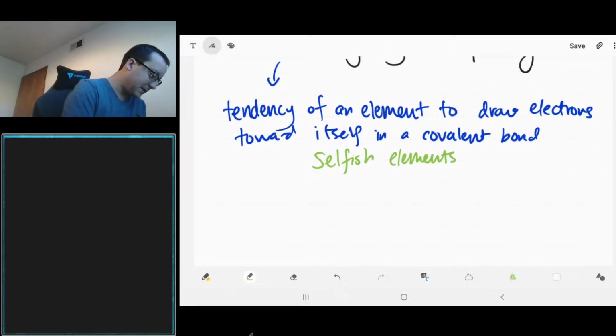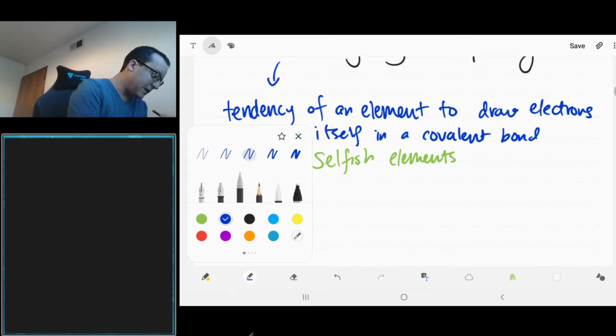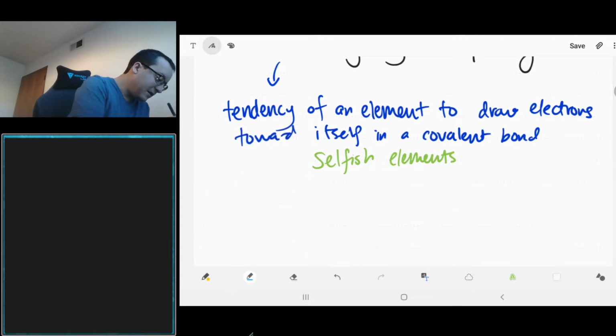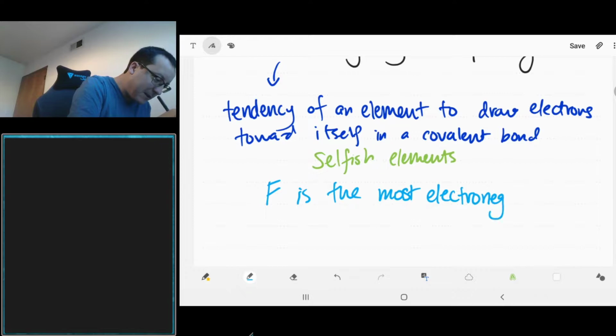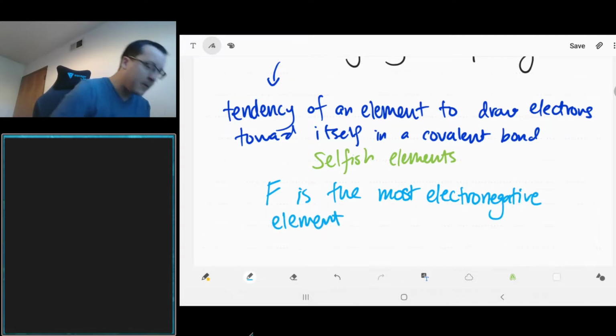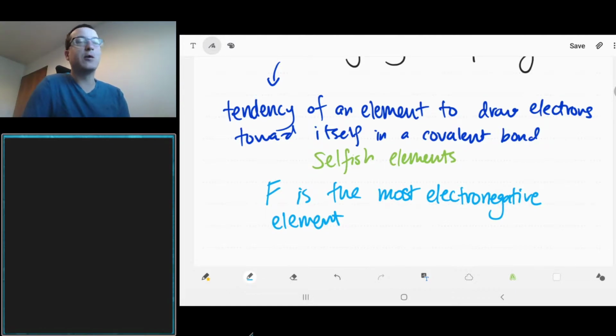And guess what? It turns out that fluorine is the most electronegative element. So we saw fluorine was also the smallest of our elements that we're looking at on the periodic table, of course, excepting the noble gases. And we're kind of ignoring hydrogen as well.